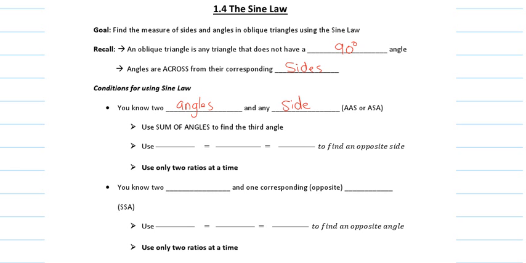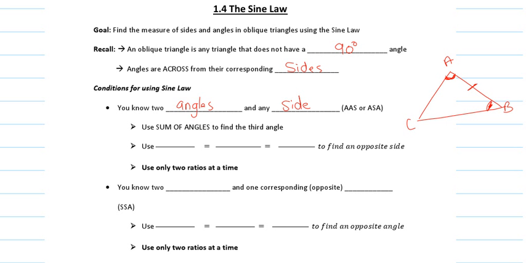So let's say I have an oblique triangle here, and I know angle A, and I know angle B, and I know side C, for example. Okay? I can use sine law. As long as I have two angles and any side, I can use the sine law.